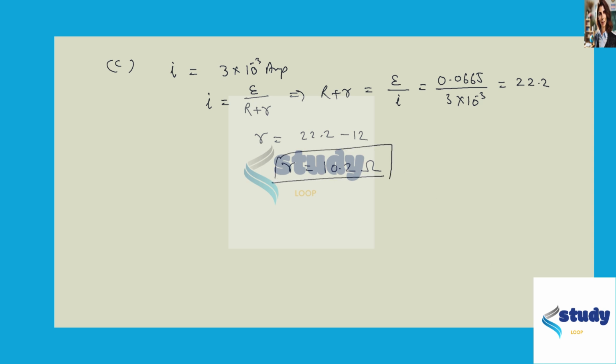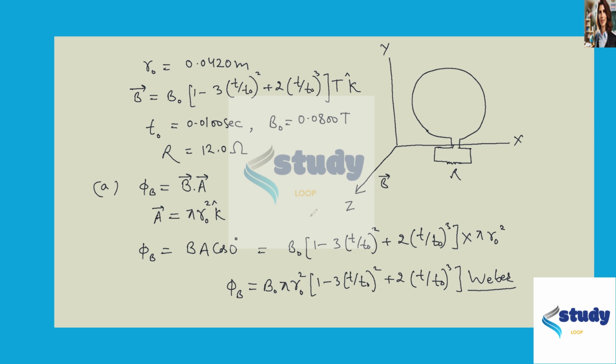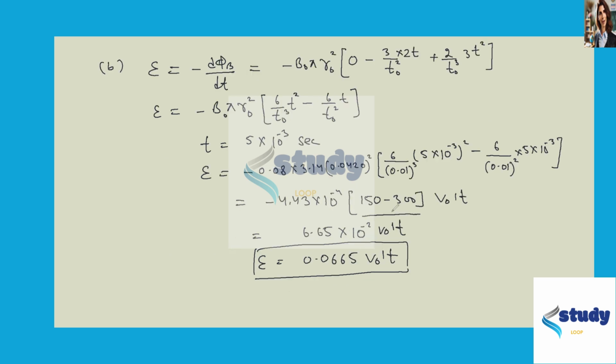In the second part of the problem, we have to find the direction also of the induced current, because we have to find the polarity also. So when we look at this term, if we look only at the flux, this is the bracket for the flux, and if we put the values of the constant, t naught, and time 5 into 10 raised to the power minus 3 second, definitely this bracket comes out to be negative.